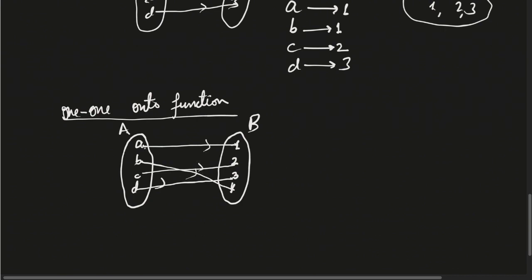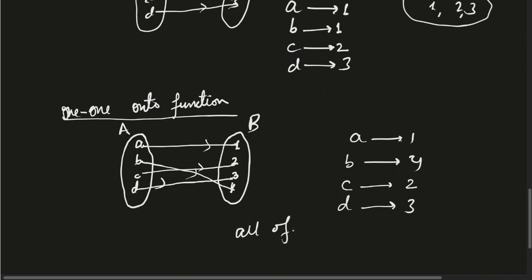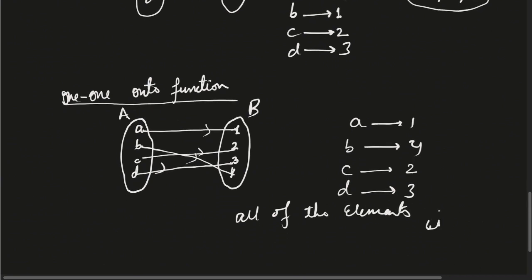So you can see that every element in set A has been mapped with a different element in set B. A has been mapped with 1, B with 4, C with 2, D with 3. And all the elements of set B have been mapped.